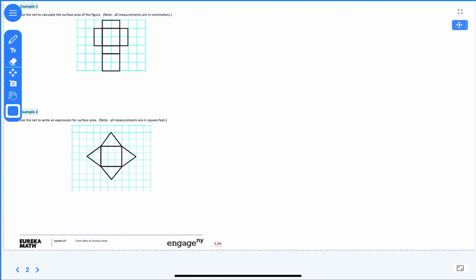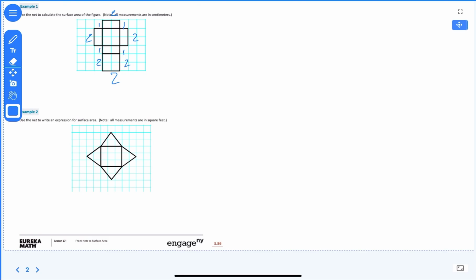Yeah, each one of the little squares is a centimeter. So we would have 2, 2, 1, 1, 2, 2, 1, 2, 1, and 2, right?